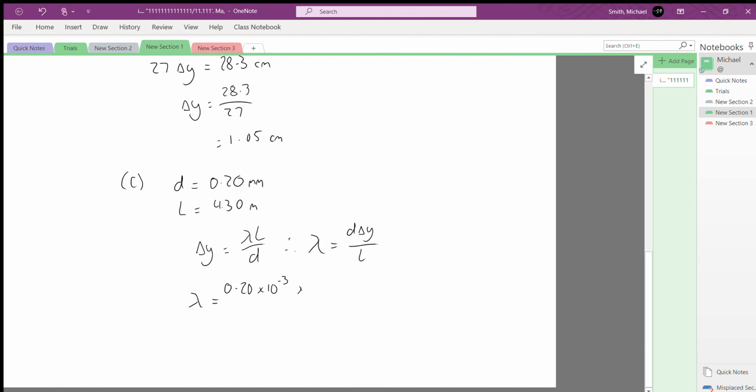Delta y we've just calculated to be 1.05 centimeters, so 10 to the minus 2 meters all over 4.3 meters. And if we substitute that into our calculator, we get about 4.66 times 10 to the minus 7 meters, which looks a little bit nicer if we write it as 466 nanometers. And then we have it.